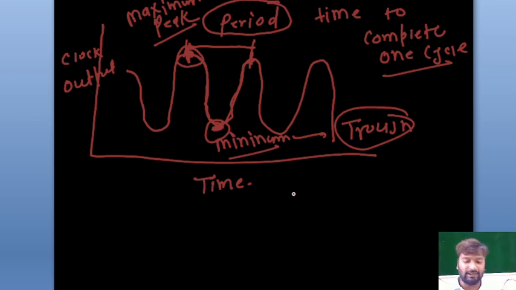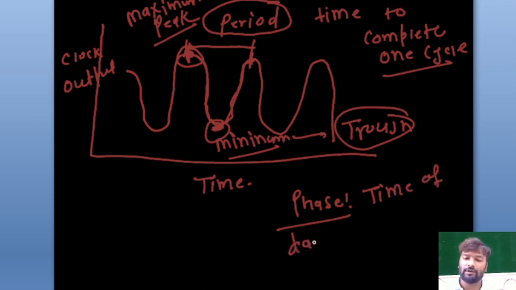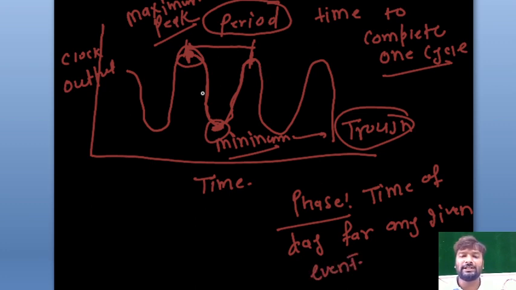Then the second one is, what is phase? Phase is the time of day for any given event. So if you see that this is the phase, means any given event. So here what is the position of your output? If we say this is maximum, this is minimum, and this is some middle, this is known as phase.